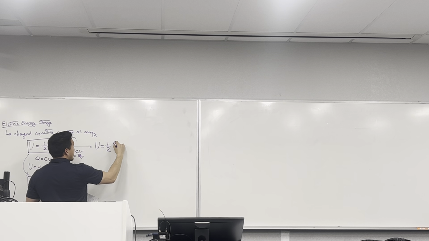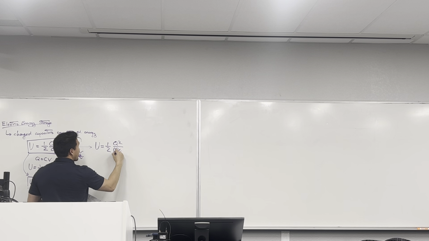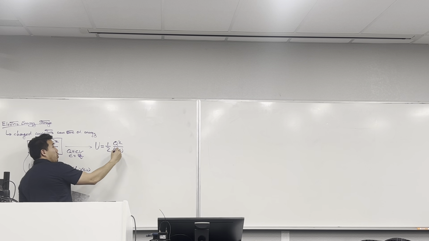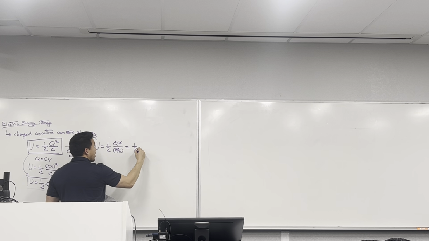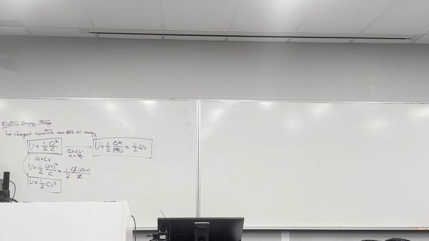So this would be Q squared over Q divided by V, where one of the Q's cancel. And so this is going to be 1/2 QV. And that will be the third way. Now, which one you use ultimately depends on the information that you're given in the problem itself.